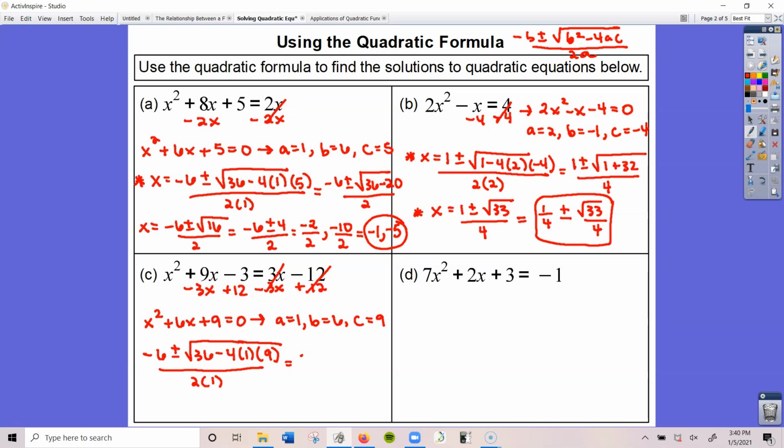We work this out, we get negative 6 plus or minus the square root of 36 minus 4 times 1 times 9 is 36, all over 2.